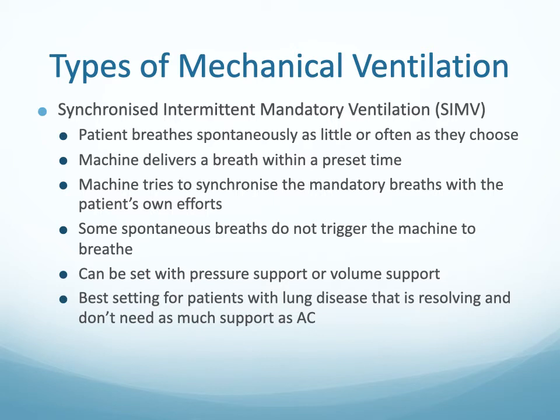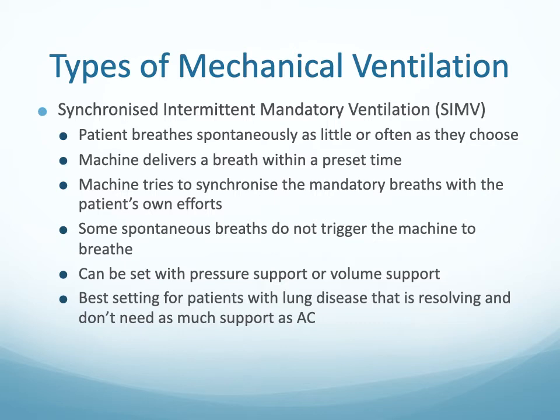So that's when the patient will take a breath as much or as little as they want to, and the machine will try to mimic normal breathing patterns and try to synchronize the mandatory breaths with the patient's own efforts. Sometimes a patient will have taken a ventilator breath, so the machine will have breathed for the patient and delivered an ideal breath, and then the patient might very quickly try to breathe again.